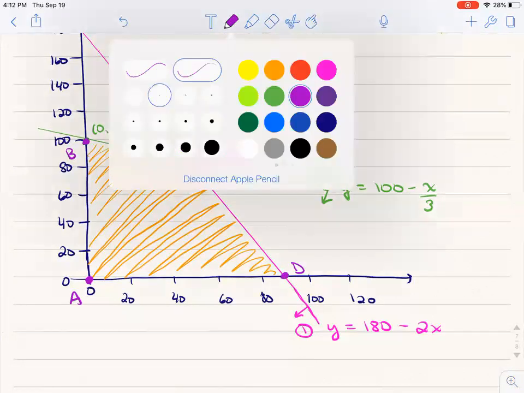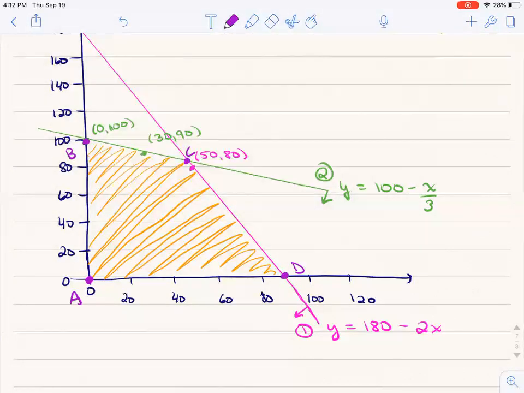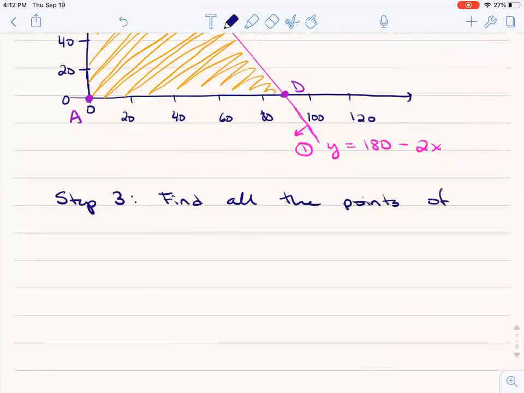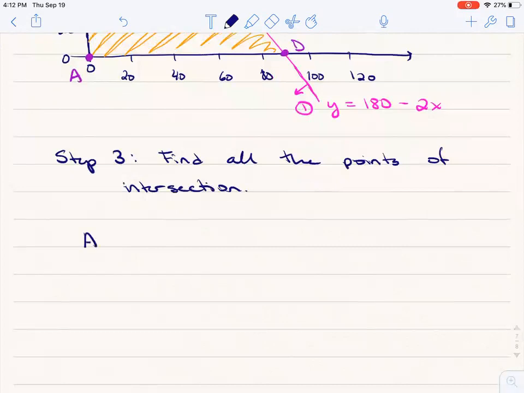And so step 3, find all the points of intersection. And so I'm going to list them here.